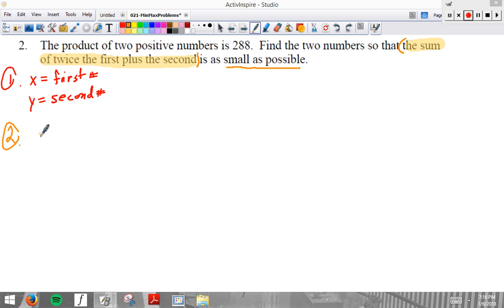And it's really easy to overlook that, so please be careful. So we want to minimize, we can use M or something like that. S is not ideal, S kind of looks like 5. We want to minimize the sum of twice the first plus the second. And that'll be our primary equation.